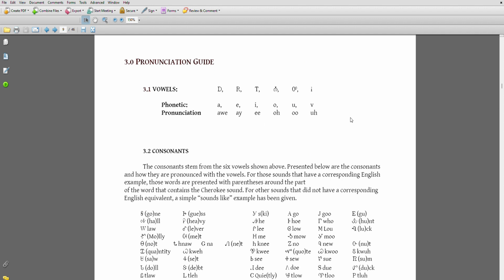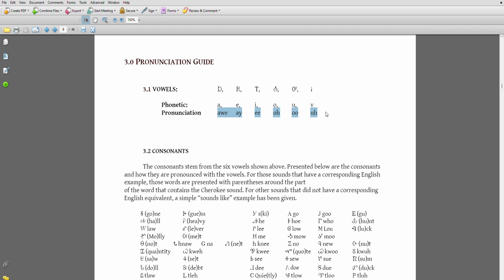Pronunciation guide. So here we have our vowels. First we have our syllabary form, then our phonetic representation, and then our pronunciation, just in regular layman's sounds-like. So "ah."